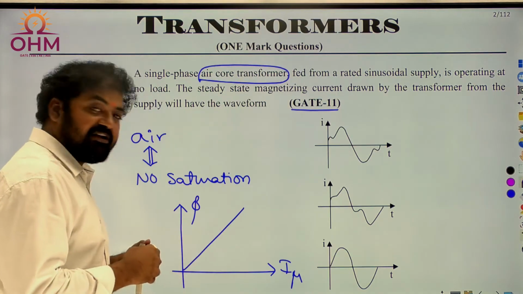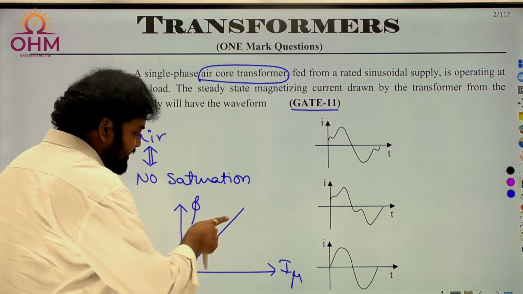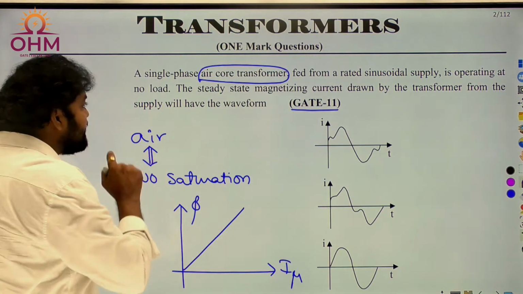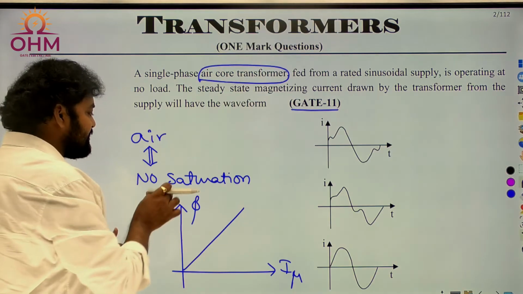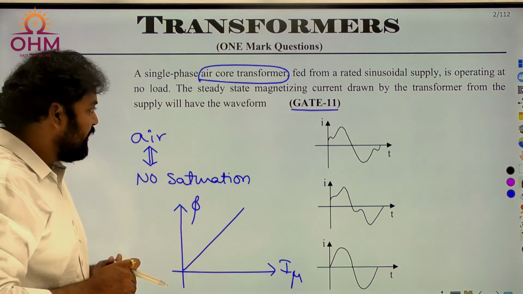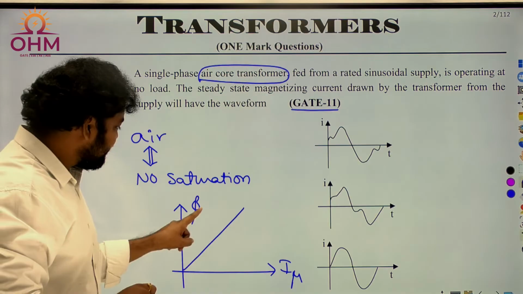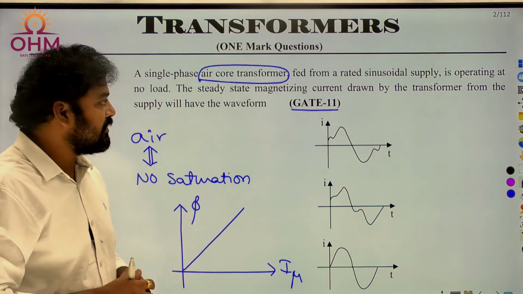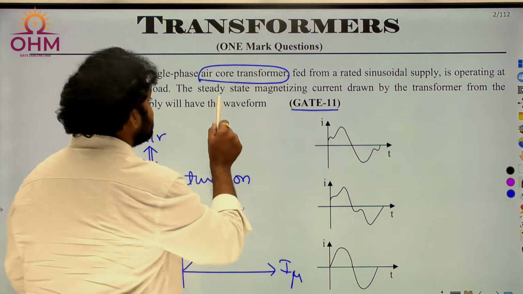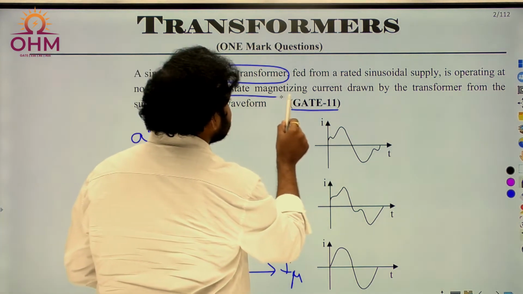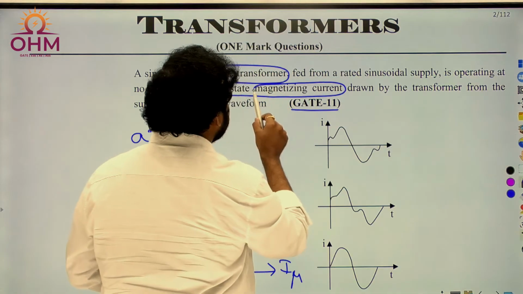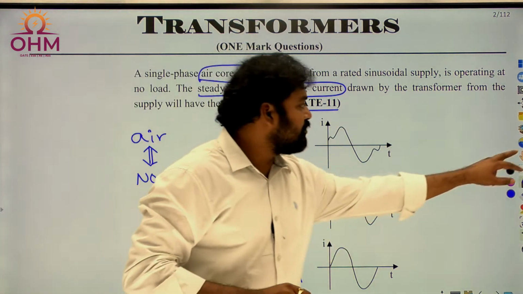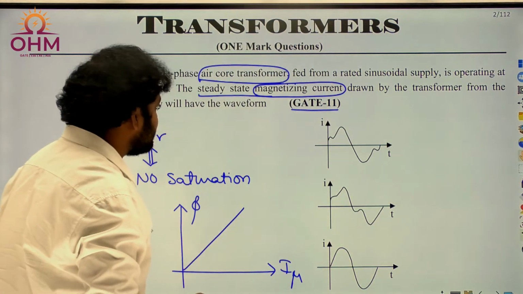If the saturation effect is considered, after the knee point you will find flux is going to reach saturation. But right now, air is the core medium for the transformer. That's why there is no saturation effect. When there is no saturation effect, flux and magnetizing current both are going to be sinusoidal. Now, what is the question? The question is about the shape of the magnetizing current at steady state. As I mentioned, flux and magnetizing current are proportional to each other.